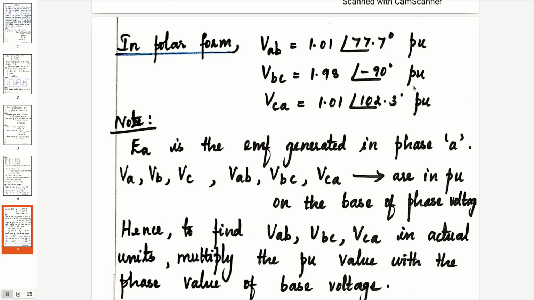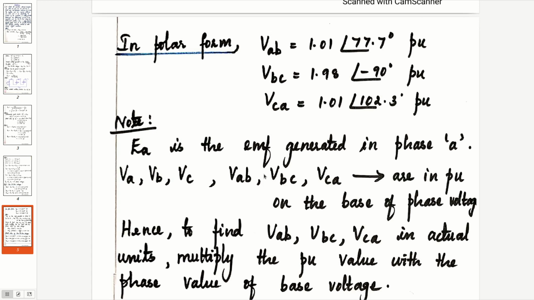We know that EA is the EMF generated in phase A, so EA is a phase value. EA is the phase voltage, and VA, VB, VC are phase voltages. VAB, VBC, VCA are line voltages, but calculated in per unit on the base of phase voltage, because we have taken EA as 1 per unit.